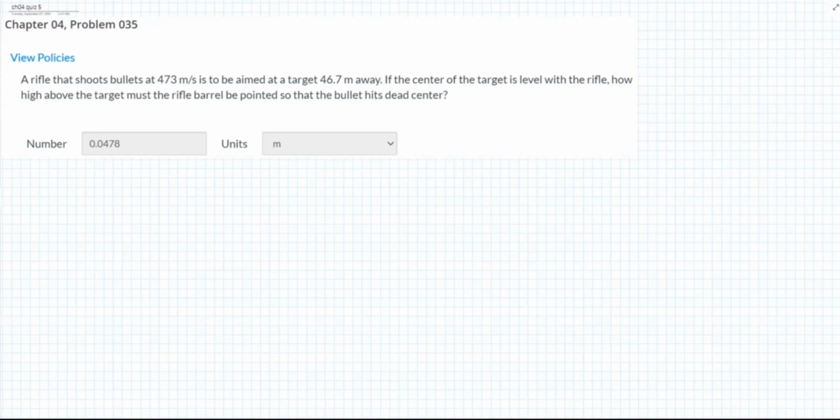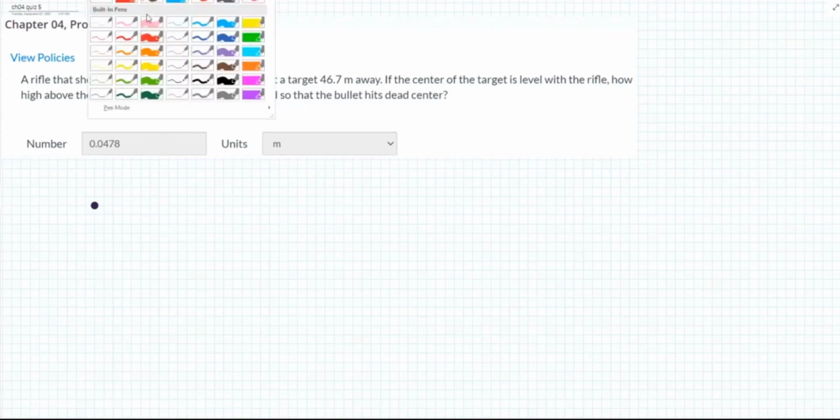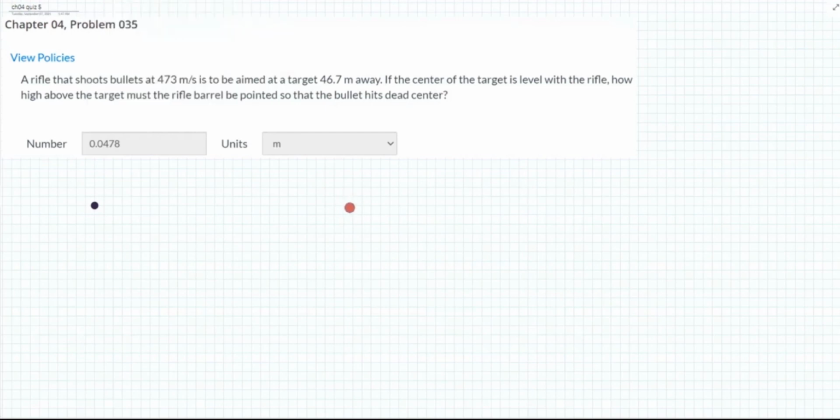So here is a projectile. This is two-dimensional projectile motion. Here is a projectile. Over here, way over here, is a target. That's the target.